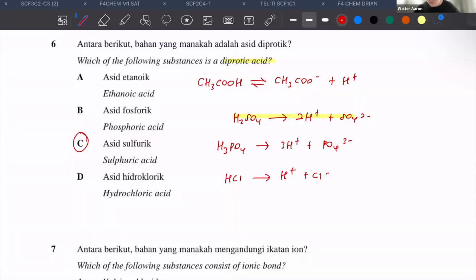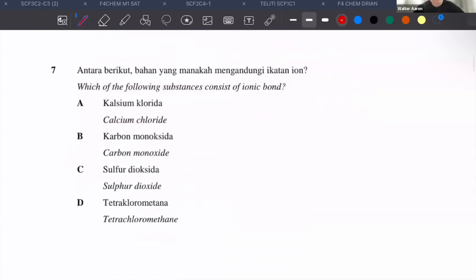So let's move on to question number 7. Which of the following substances consists of ionic bond? Ionic bond is formed between ions, right? You must have ions, and usually it is formed from a metal plus a non-metal. Among A, B, C, D, only one consists of a metal and non-metal.